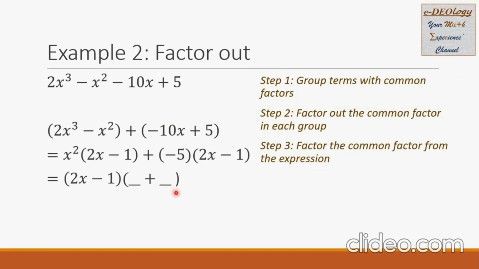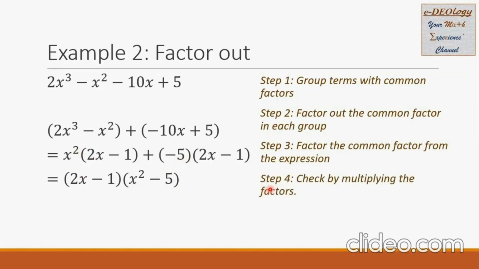And for the second factor, I put 2 blanks, since I have binomials in here, I should have a binomial also in the second factor down here. And then to collect the remaining terms after removing the common factor, from group 1, x squared I should copy down here. And for the second group, the negative 5.